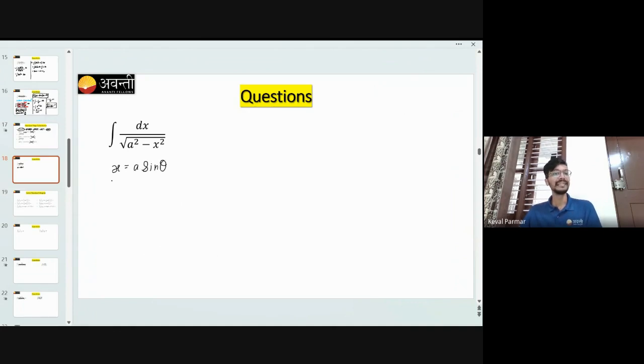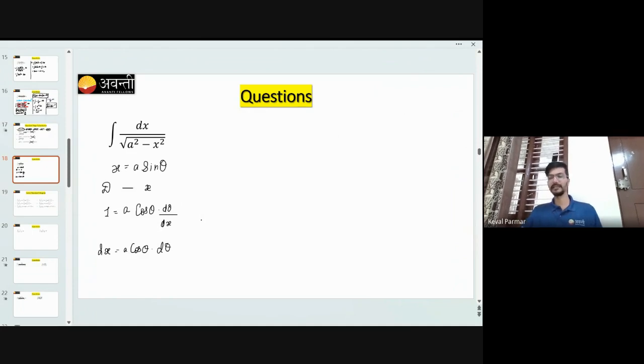Then we differentiate with respect to x. So I will get 1 equals a, which is constant, into sine theta derivative cos theta into d theta by dx. So if I cross multiply, I can write dx as a cos theta d theta.